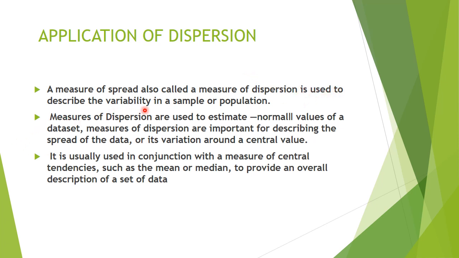They are important for describing the spread of data or its variation around a central value. It is usually used in conjunction with a measure of central tendency such as the mean or median to provide an overall description of a set of data.